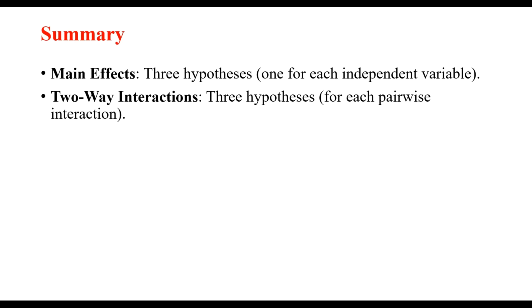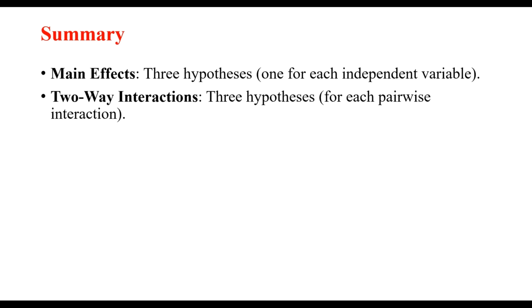We can summarize by saying that the three-way ANOVA has the following: the main effects, which has three hypotheses, one for each independent variable, and then two-way interactions, three hypotheses for each pairwise interaction. As we go deeper into the analysis, you'll be able to understand how we come about this.